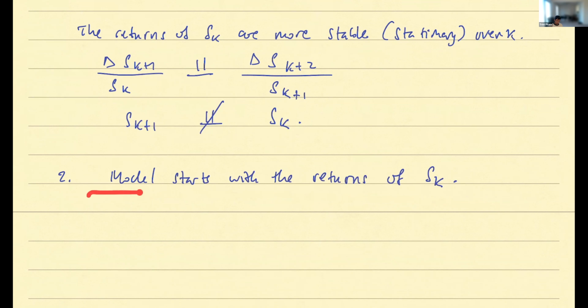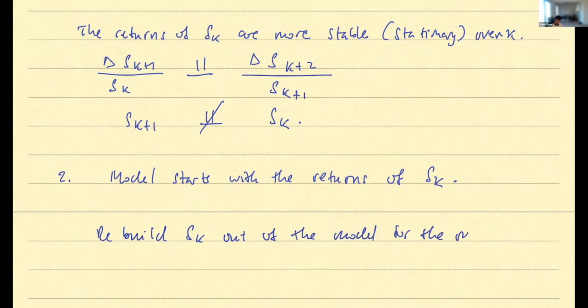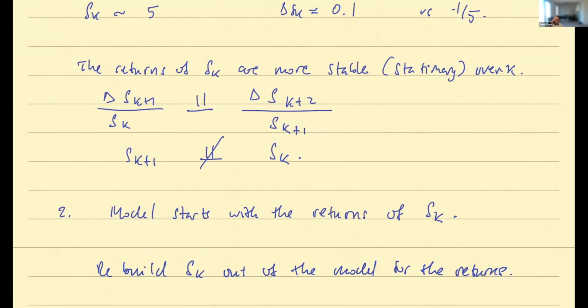We start to model the returns, and then we rebuild the stock price out of returns itself. Is this okay? Any question about this? I know that some of this discussion I'm skipping over a lot of details, and some of them are more like intuitive, empirical ideas. But any question about anything I say?